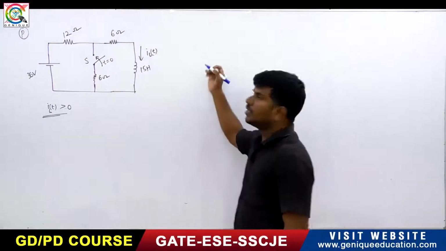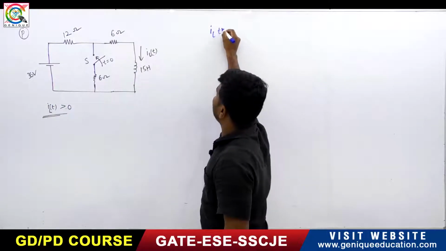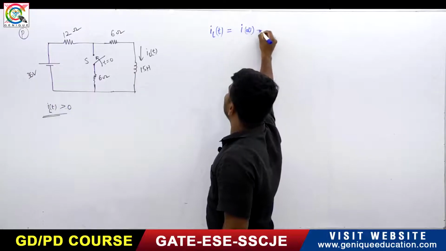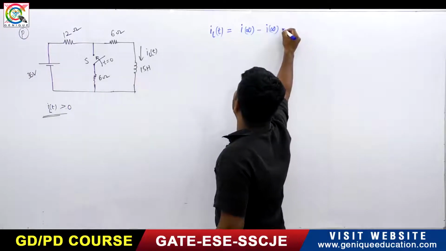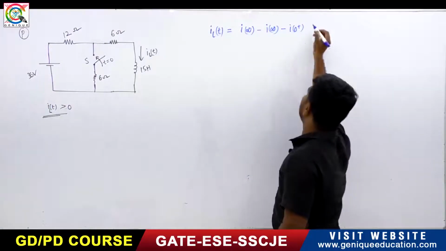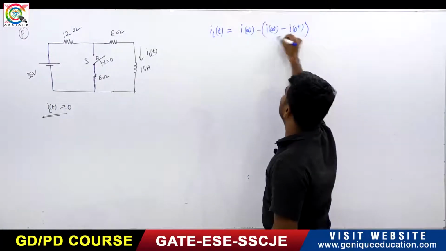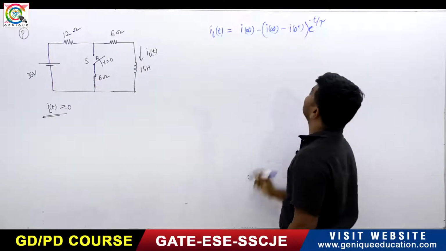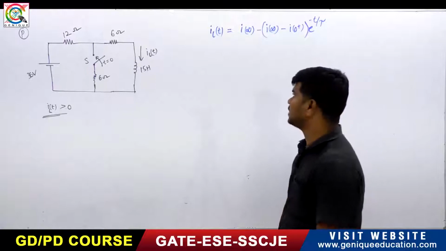So IL of t for t greater than 0 is equal to I final minus I initial, I initial meaning I of 0 plus, into e power minus t by tau, where tau is the time constant.